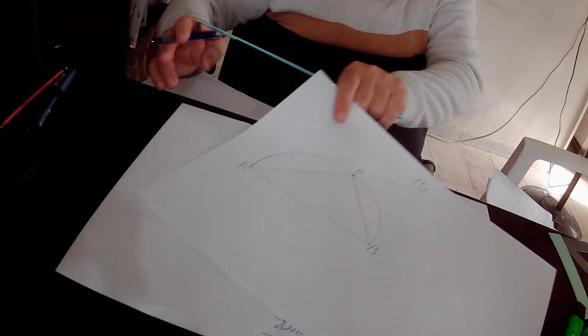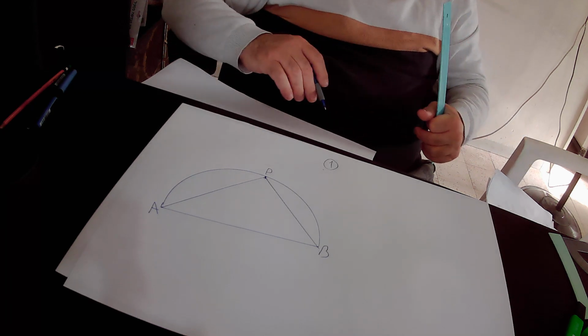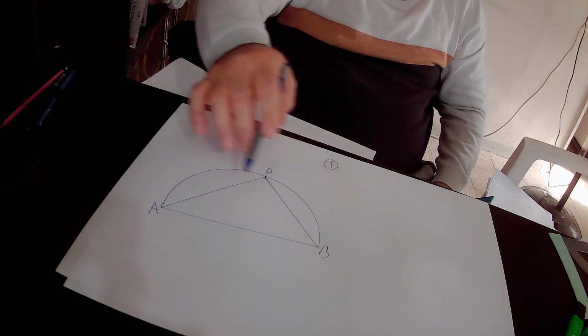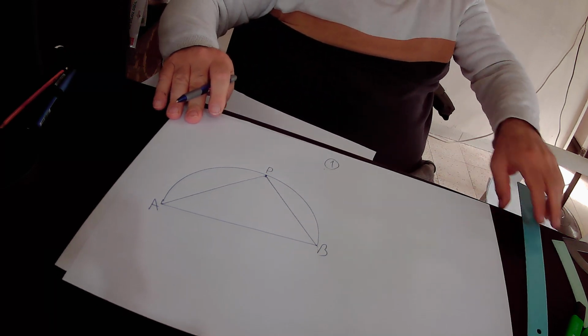Okay, this is the white semicircle that I copied from the original drawing. We already know that AB is the diameter of this white semicircle, so I write it down.